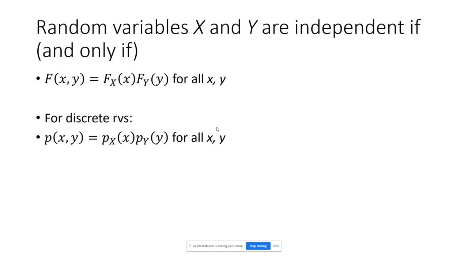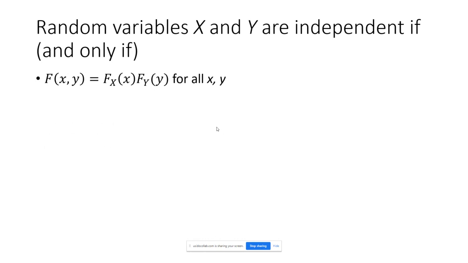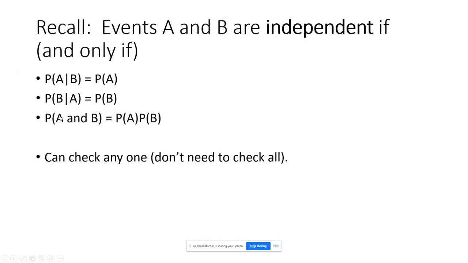So this is the most similar to our 3rd criterion for events A and B being independent.